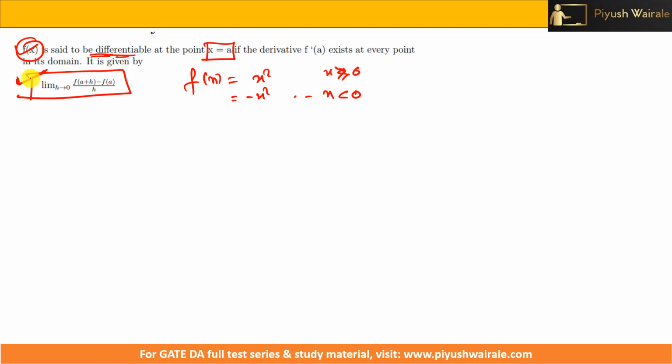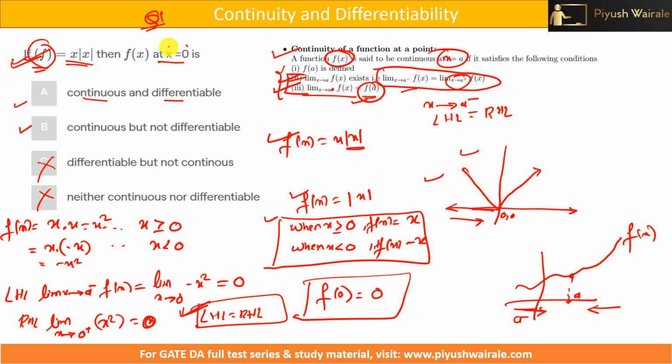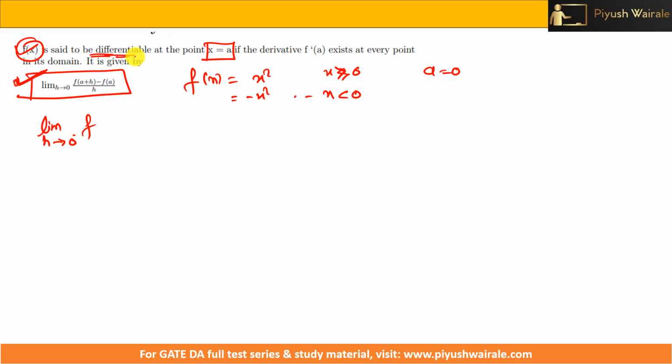Now the same thing we need to apply. We need to check whether this limit exists or not. So limit h tends to 0 negative. Just replace x by a plus h. What is a in our case? a equals 0, because here we need to find out at x equals 0. So that is f of h minus f of 0, divided by h.